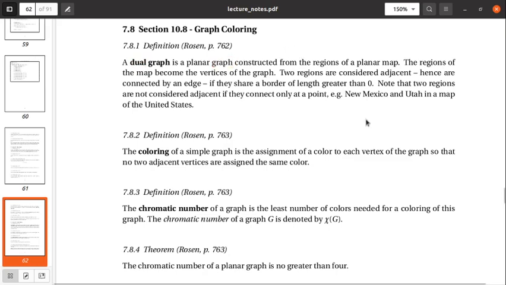And so it's exactly what I was saying earlier. The states, or the counties, or the countries that show up on the map, these regions on the map, become vertices whenever you're discussing them in terms of the computer science graph. And then they share an edge if they have a border of length greater than 0. Okay, so that's a definition.